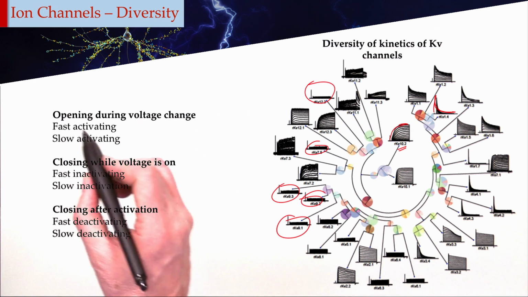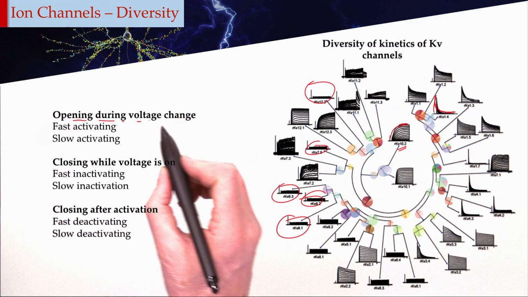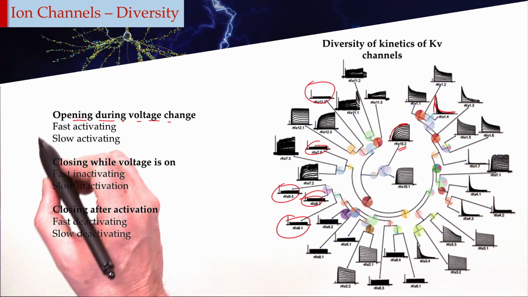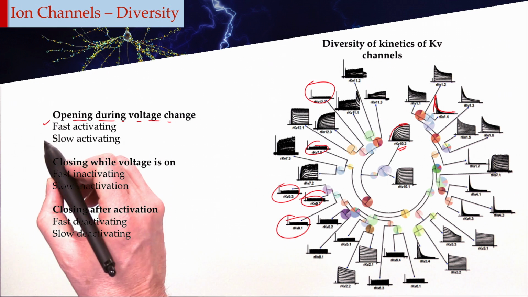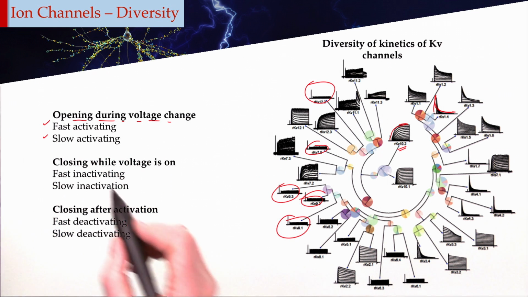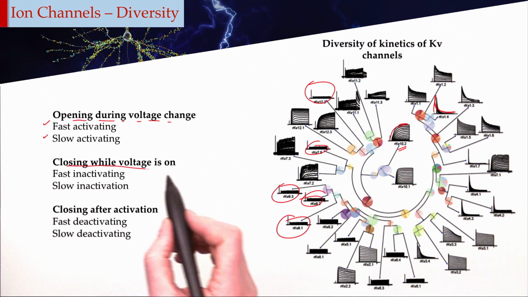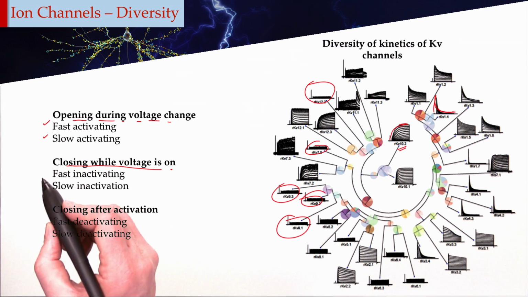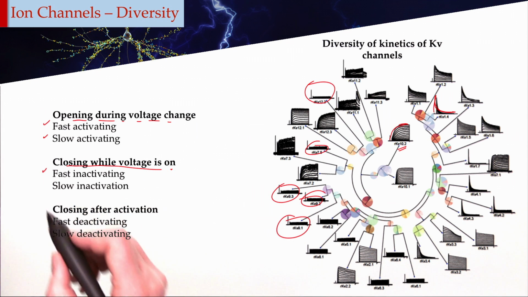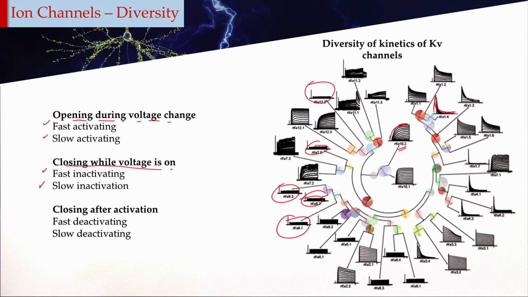So opening during a voltage change, you can think of it like this: you can be either fast activating or slow activating. Closing while the voltage is on, you can have fast inactivating or slow inactivating. And then how does it recover or close after activation?